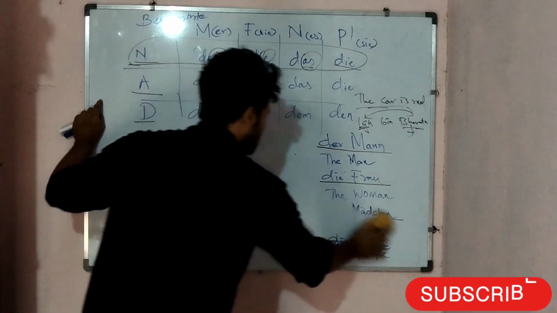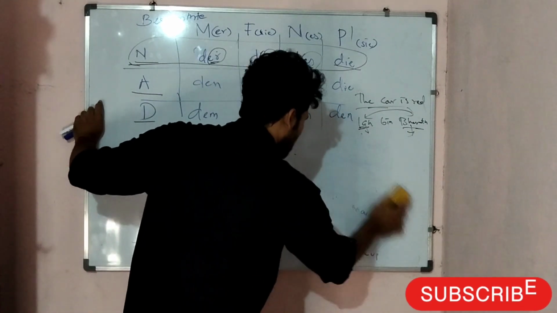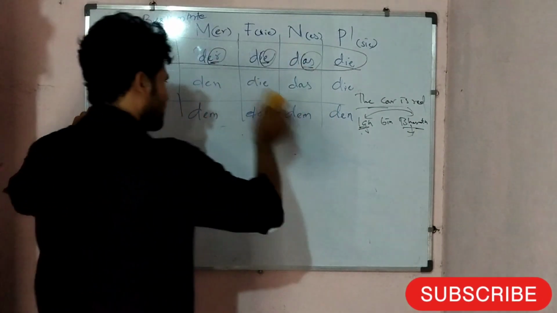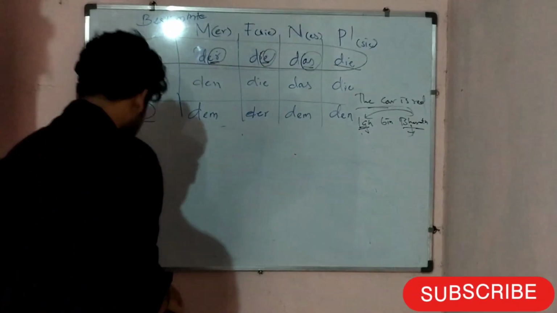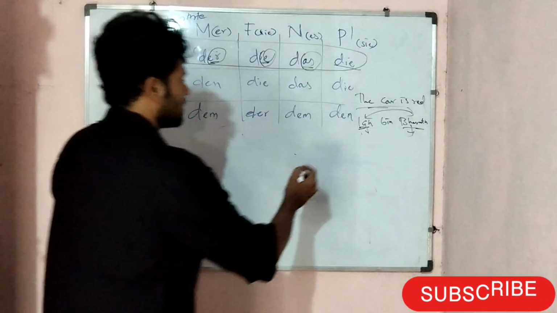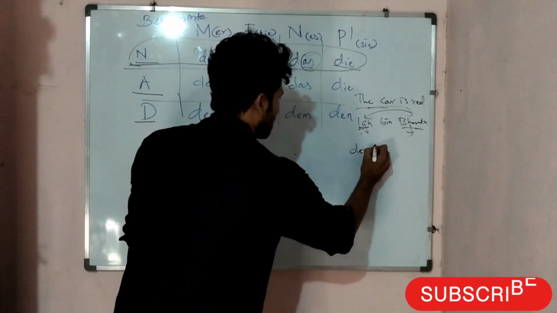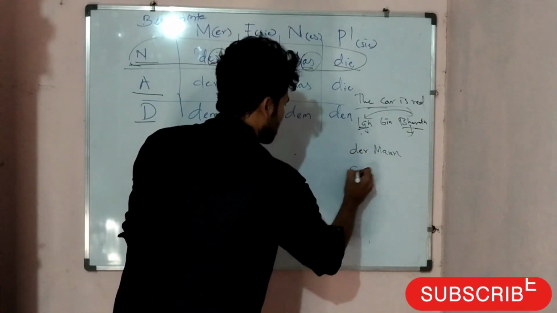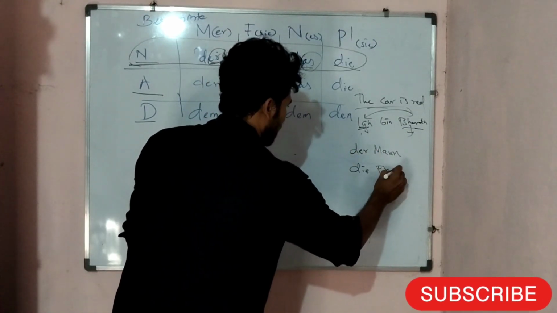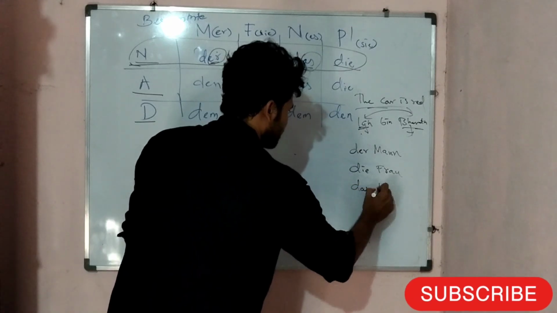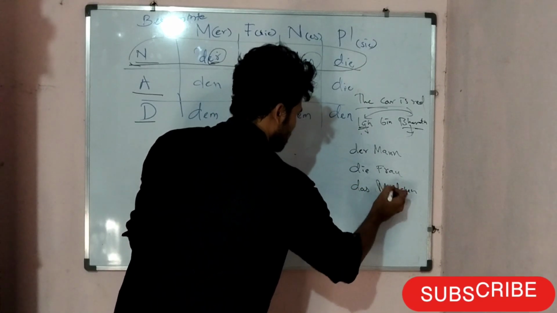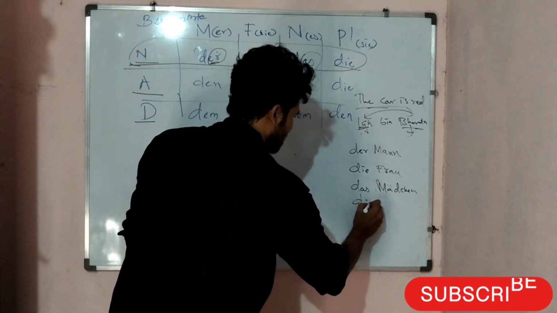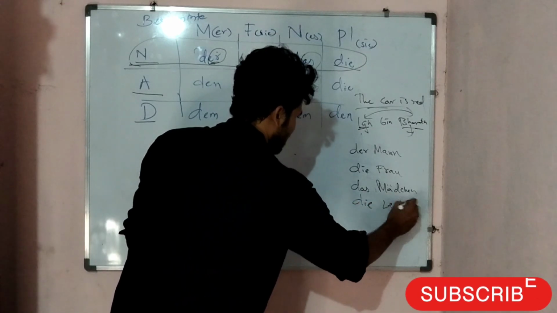Now, same thing. I hope you understood the nominative subject, and now the accusative. I'm taking the same nouns: the man, der Mann, die Frau, das Mädchen, which has an umlaut, and die Leute.